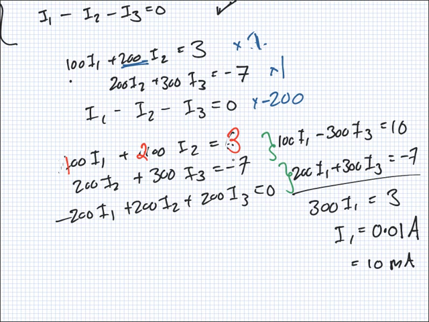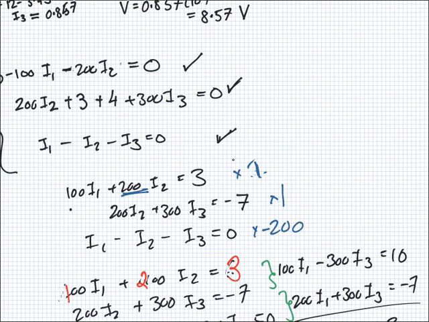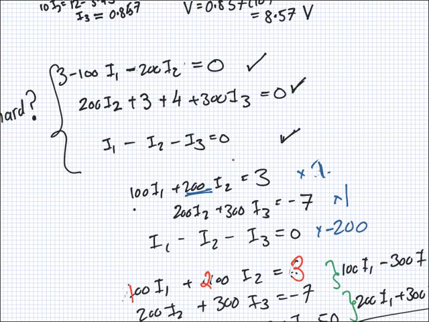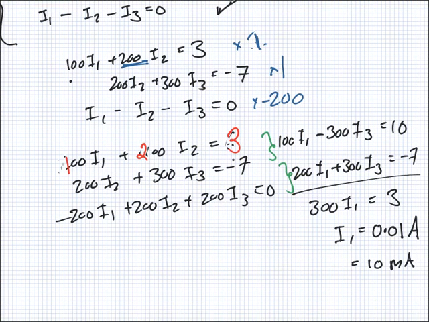So I made a small mistake somewhere. Kirchhoff, you're supposed to be my friend. Do 100 I1 cancel minus 300.